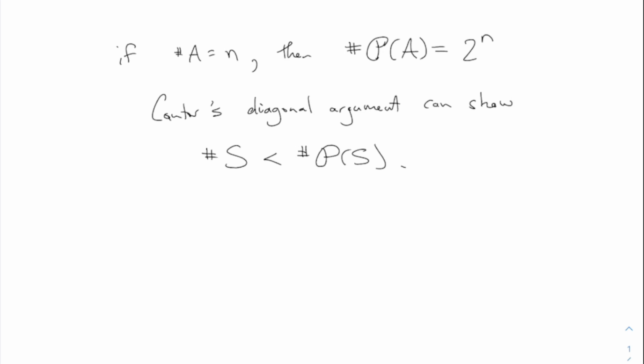Even if they're infinite, you get a set of different cardinality, a larger one, between an original set and its power set.